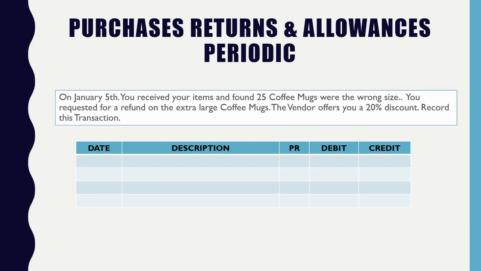But the vendor offers you a 20% discount and lets you keep the items. So in this case, you already made the purchase. It's going to cost you probably $25 to ship those items back, because originally it was like $100 freight, and 25 of those items are the wrong size.